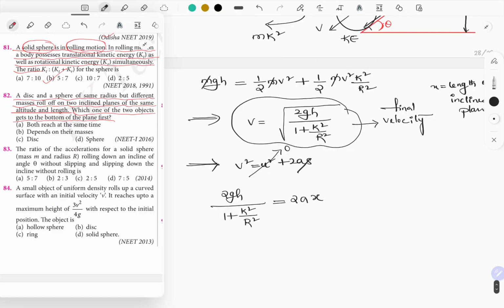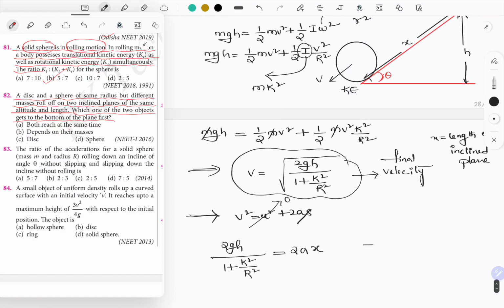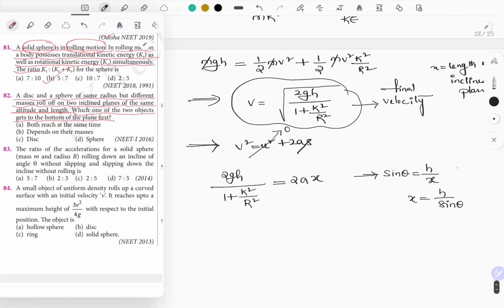Super. This x value I need in terms of h. So from the triangle, if you observe, sine theta is equal to h by x, right? Then what about x? X can be replaced as h by sine theta. Okay, let me substitute this value in this equation.